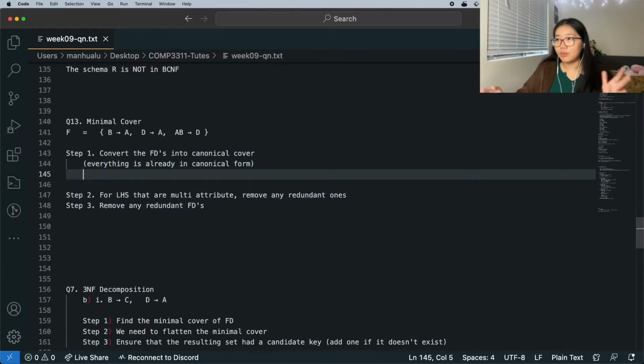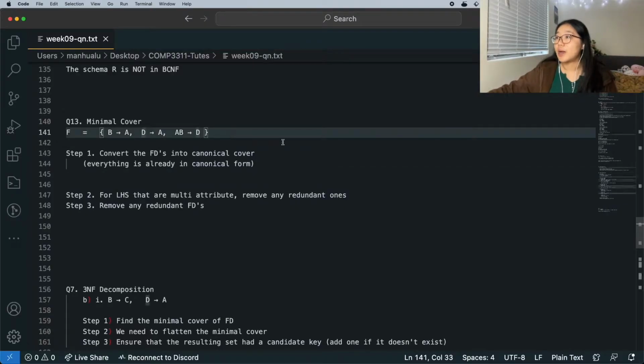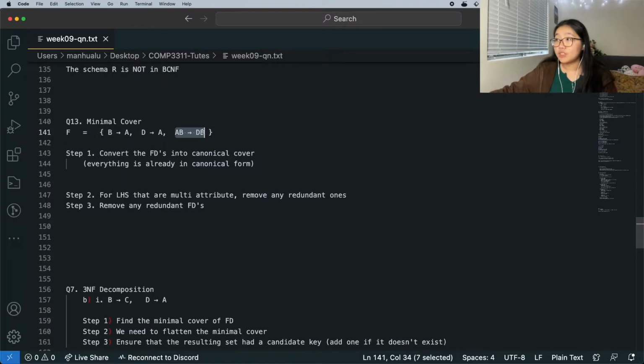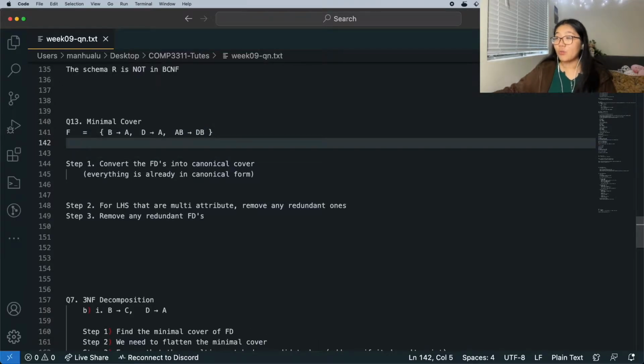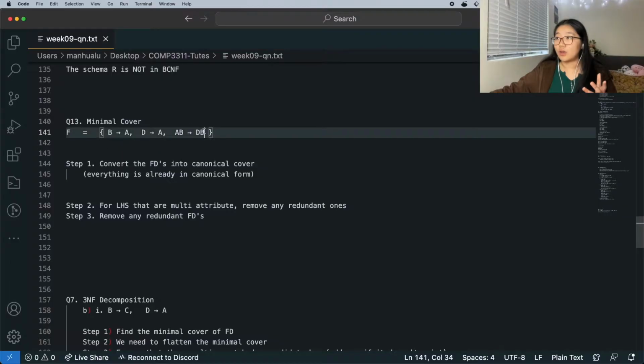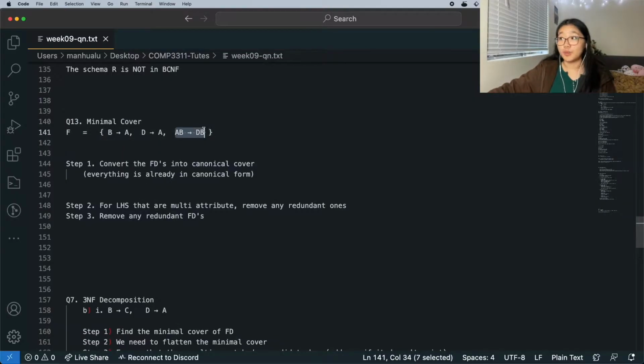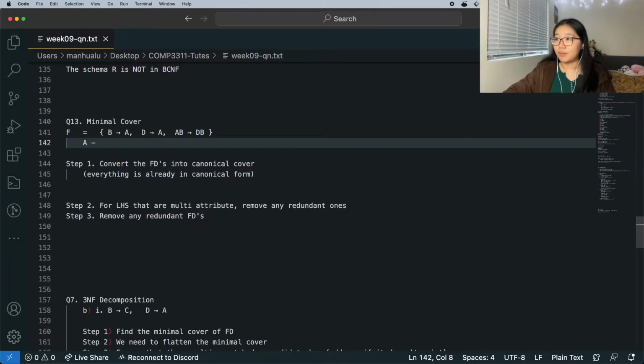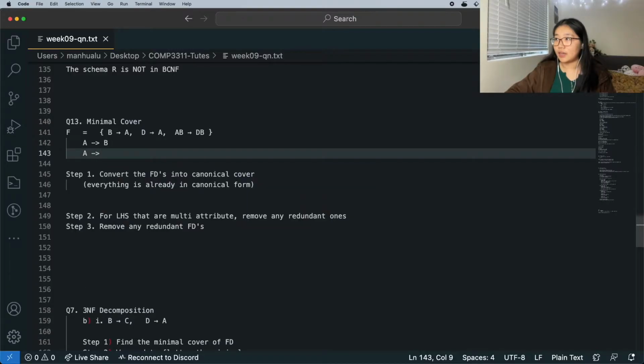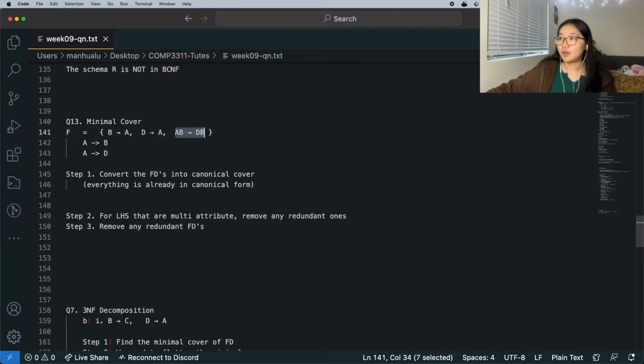However, you may come across some questions where it might have something like, let's say, this instead. If there was a functional dependency that looked like that, you want to change it to become AB and AD, so just split it up instead of having this one here.